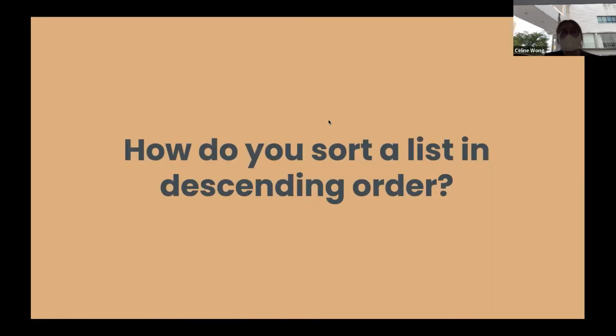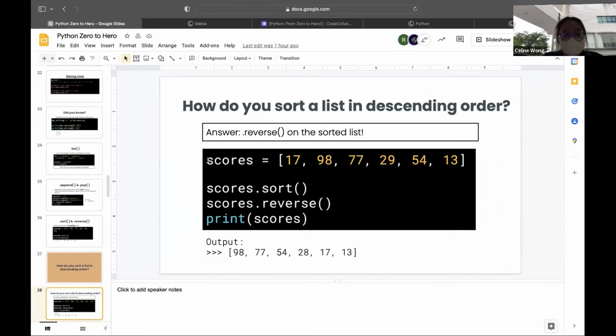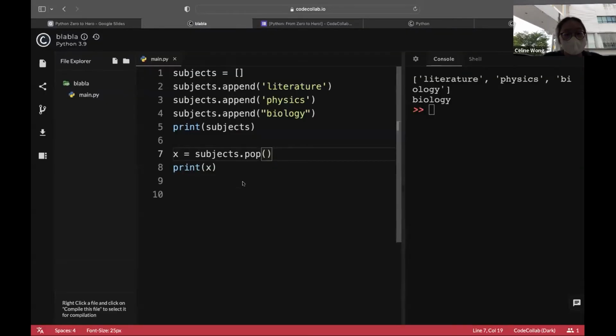Now the question is, how do you sort a list in descending order? To sort a list in descending order, you can just do a dot reverse on the sorted list. Let me bring this over to Colab again.